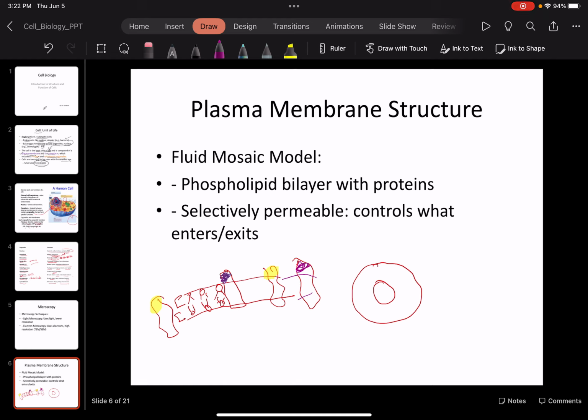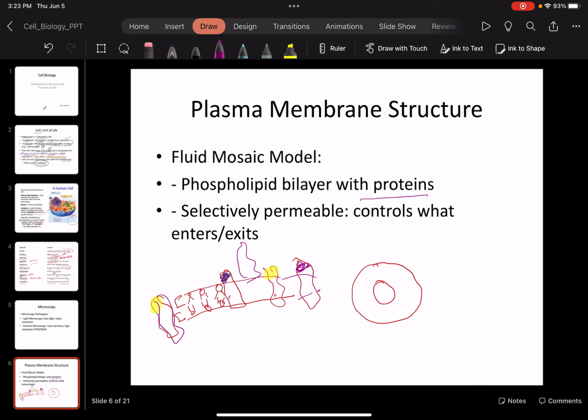It's like a mosaic model. Have you ever seen a mosaic floor? If you look at that, different stones on the floor, that resembles this one. So with the protein here, different proteins, some are integral protein, some are peripheral protein. Peripheral means only outside, you only see it outside, not inside. Integral means embedded inside the plasma membrane.